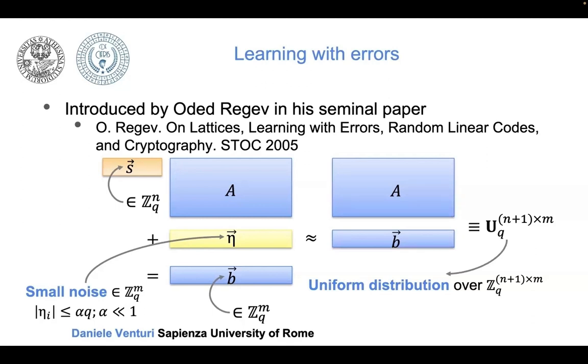Okay, so A is random always, and B, instead of computing B as S times A plus noise, I just pick it at random. Okay, so this would be the decisional version of the problem, and in fact, the two things are equivalent. If you can distinguish, you can compute S, and vice versa. If you can compute S, you can also distinguish. Okay, so that's the LWE problem.